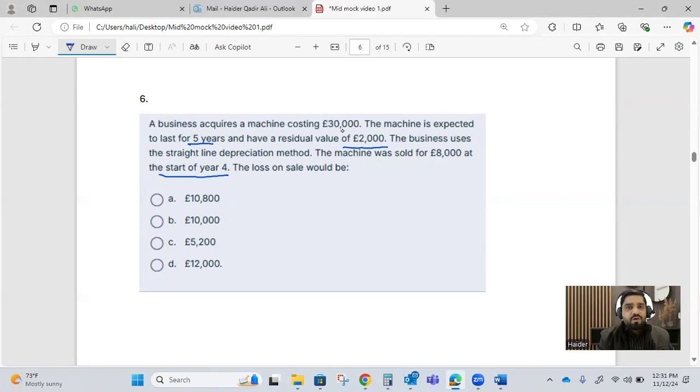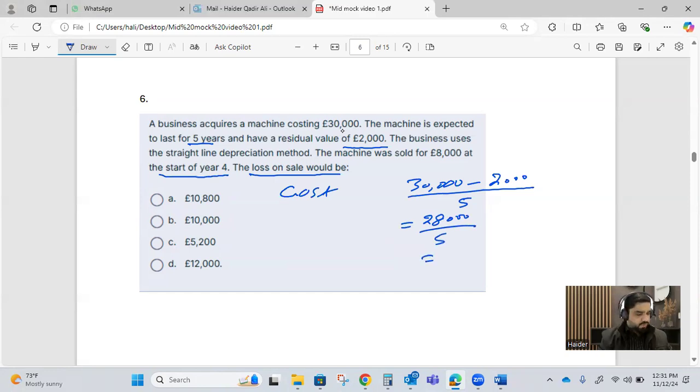You need to calculate what is the loss on this machine at the disposal time. So for calculation of loss, we need to have the carrying value of the machine at the end of 3 years, at the start of the fourth year. So the cost of the machine was 30,000 minus residual value 2,000, according to the formula of straight line depreciation, and the estimated useful life was 5 years. 30,000 minus 2,000, 28,000 divided by 5, it gives you 5,600 pounds.